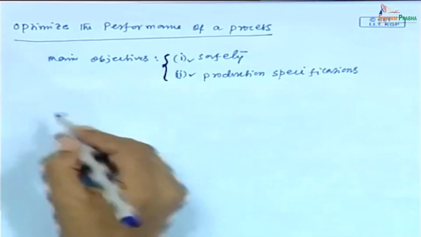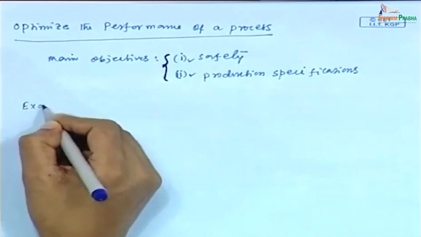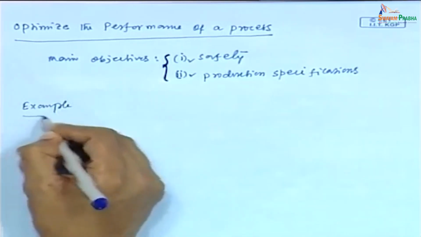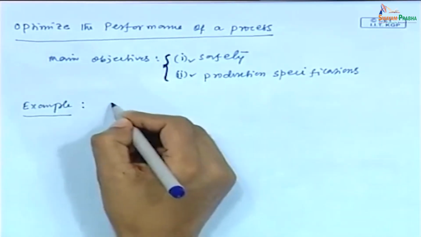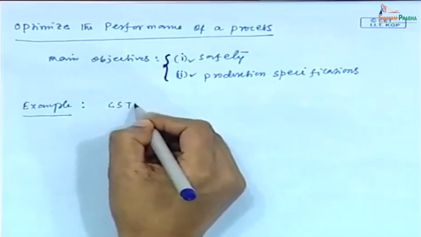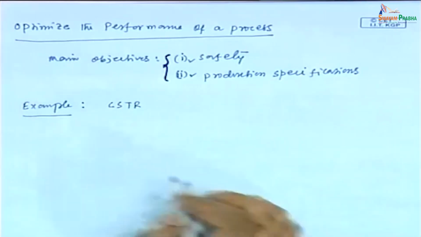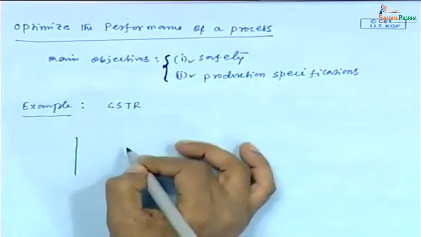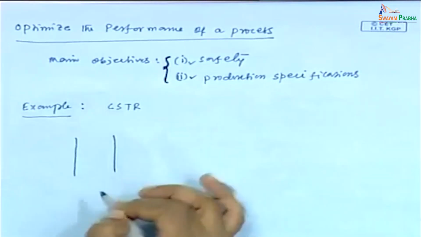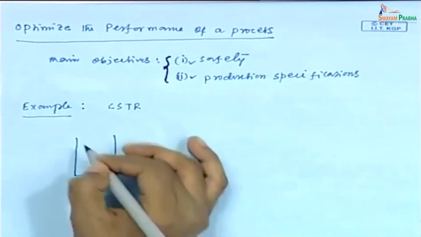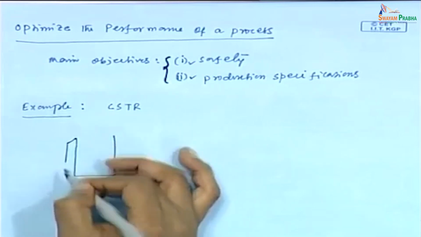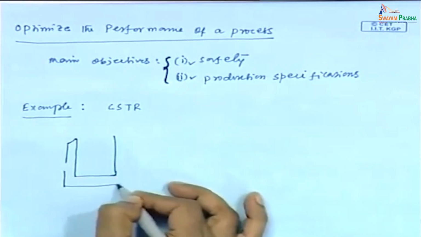Now, in that direction we will consider one example, a continuous stirred tank reactor. Suppose this is a jacketed reactor.